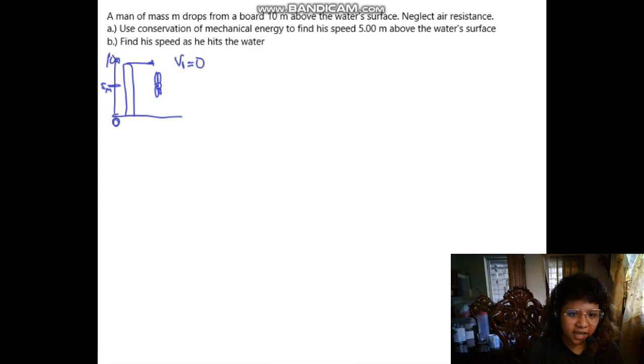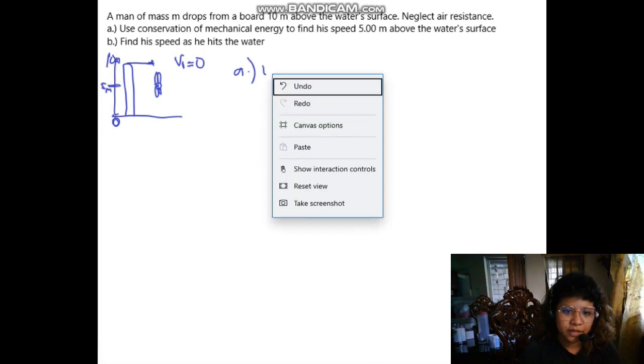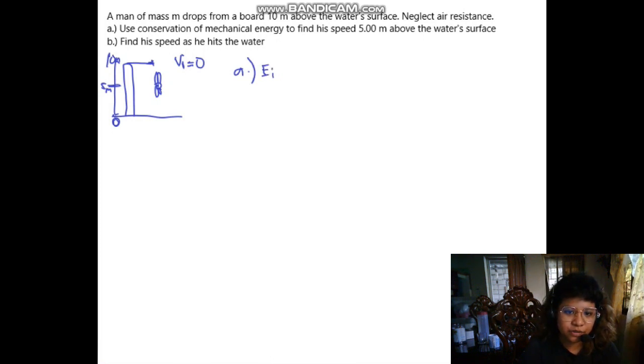So, for letter A, we're going to use the conservation of mechanical energy, wherein initial energy is equal to final energy. This can also be said as initial kinetic energy plus initial potential energy is equal to final kinetic energy plus final potential energy.